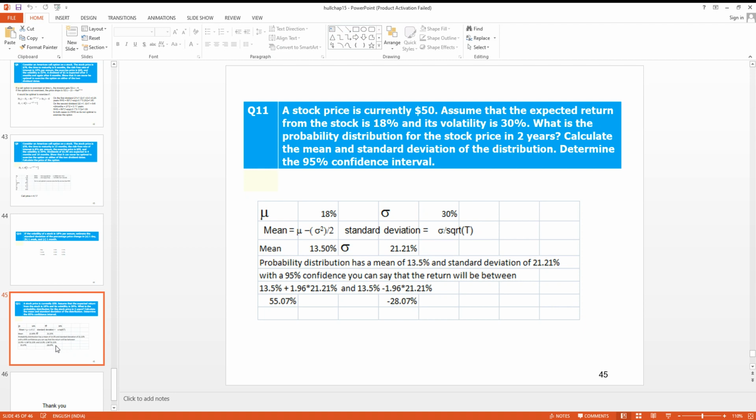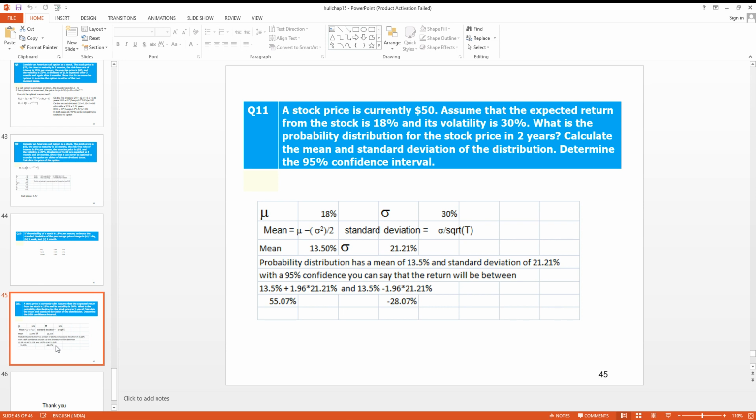This is a repeat of an earlier problem which we solved. So you can always cross refer to that. Stock price is $50, expected return is 18%, volatility is 30%. So you have to find the probability distribution, which is mu comma sigma in 2 years, and calculate the mean and standard deviation of the distribution. So mu is 18%, we know sigma is 30%.